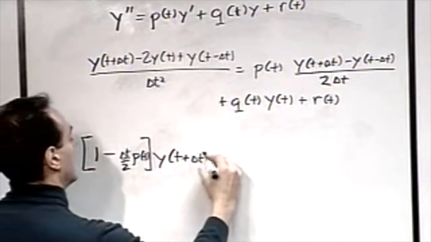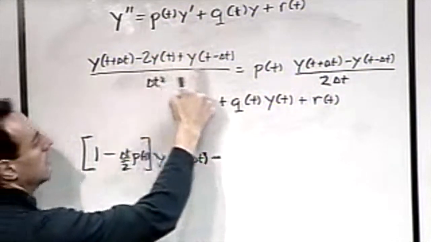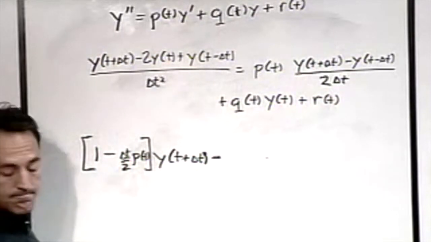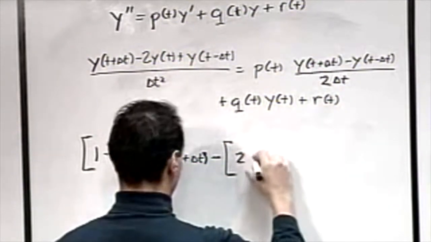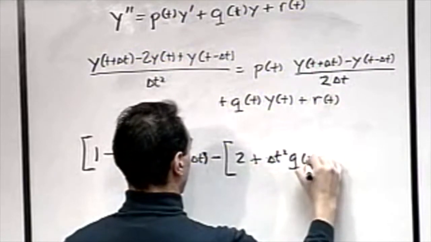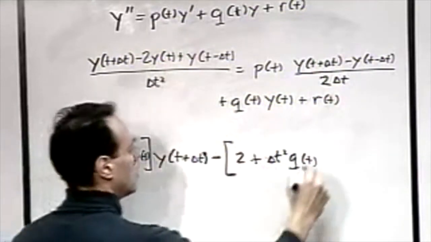Okay? Now let's collect our y of t terms. There's one there. There's one here. And that's it. So we get minus 2 plus delta t squared q of t. And that comes from this one here. That one comes from this one here.